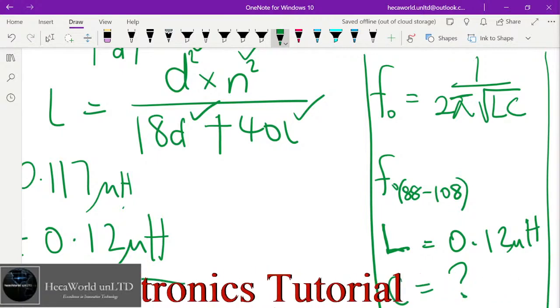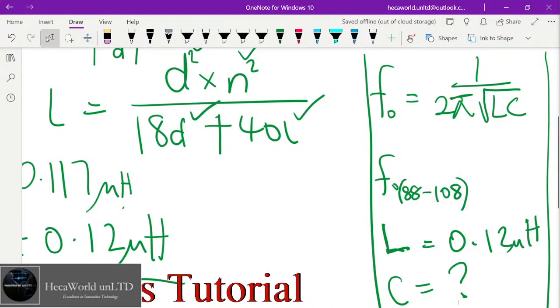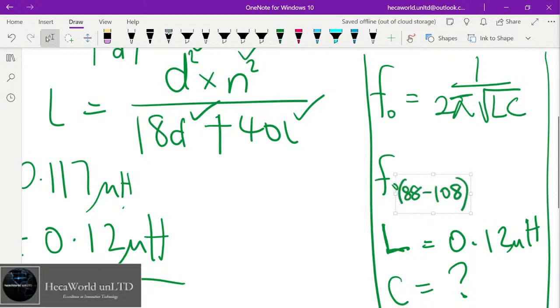Okay, I'm going to change something a little bit here. Let's just move these values around. Okay, good. So F0 is equal to that. Now, for us to calculate C, we just plug in the values, right?